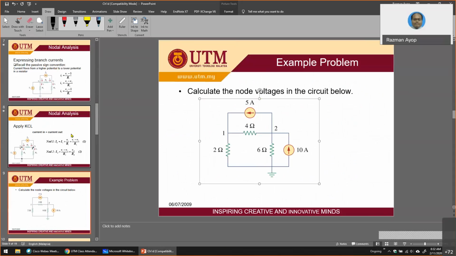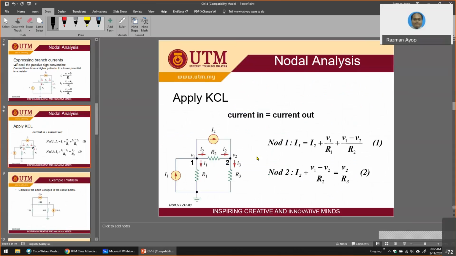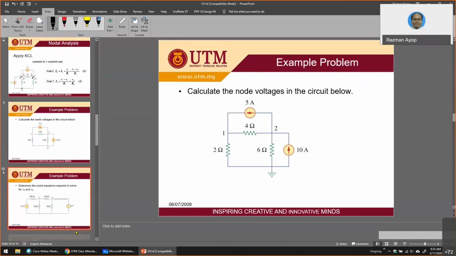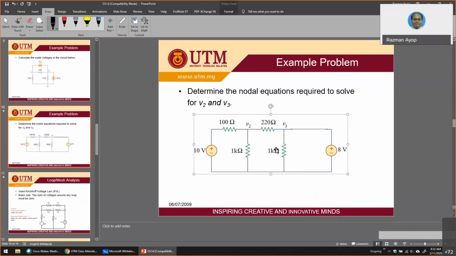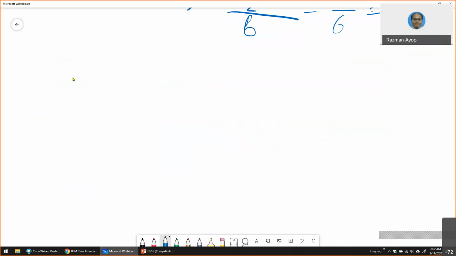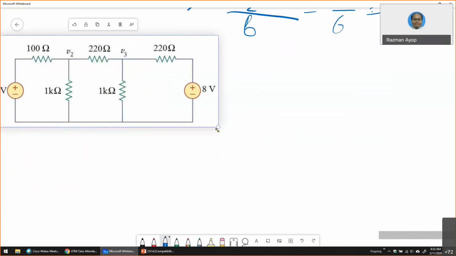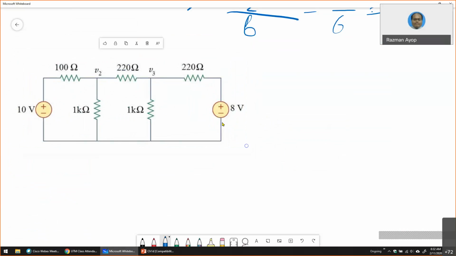Next, I give you another example. Okay, here is another example. So for this case, you don't have any ground, but they already assigned the node voltage.